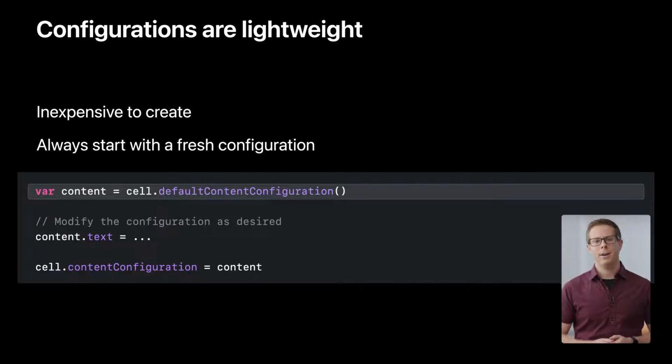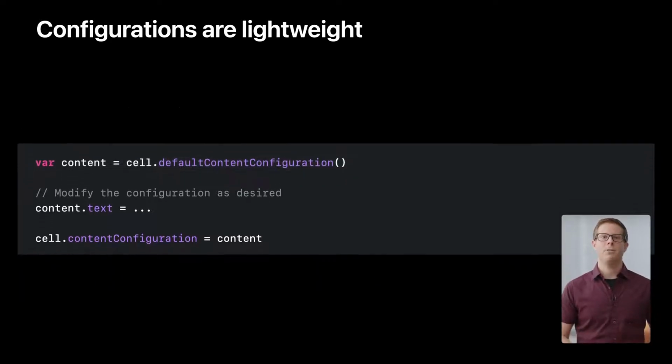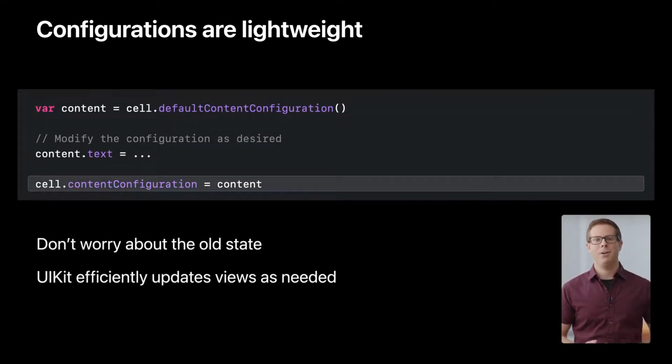This applies not only the first time you configure the cell, but also whenever you want to update a cell that has already been configured. Each time, just start with a fresh configuration and set it up for the new state. When you're using configurations, you don't need to think about the old state at all.